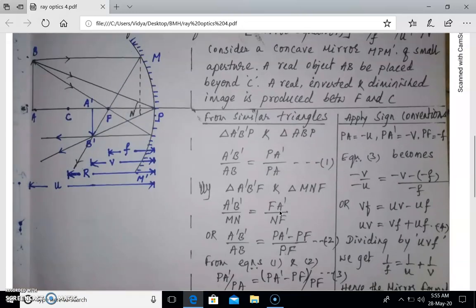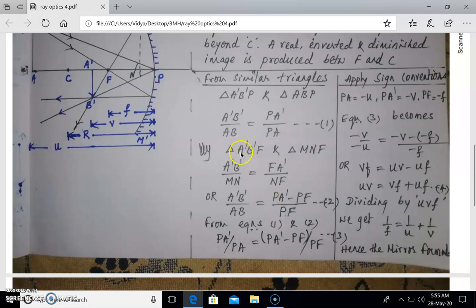Taking the ratios of the sides of these 2 similar triangles, A dash B dash by MN equals to F A dash by NF.